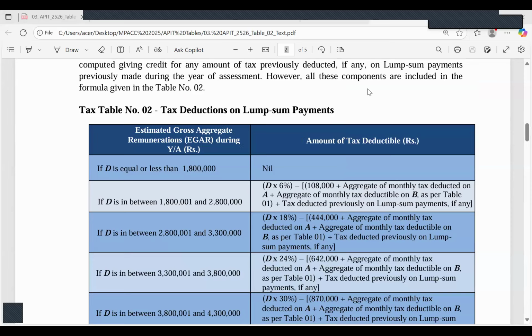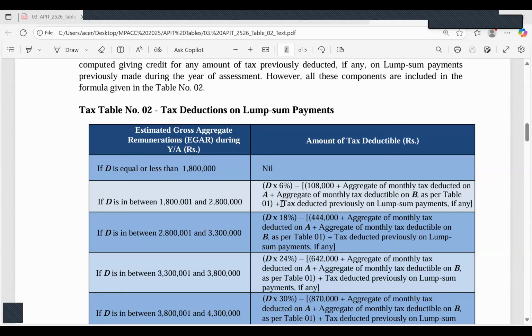In addition to that, we have to deduct other taxes as well. So what are they? Aggregate of monthly tax deducted on A plus aggregate of monthly tax deducted on B. What is A and what is B?